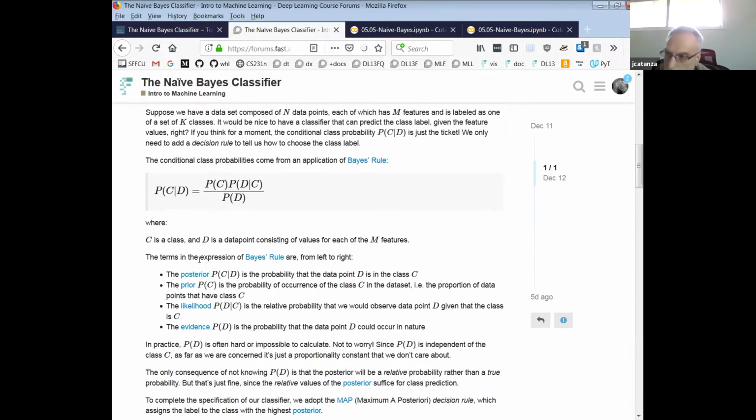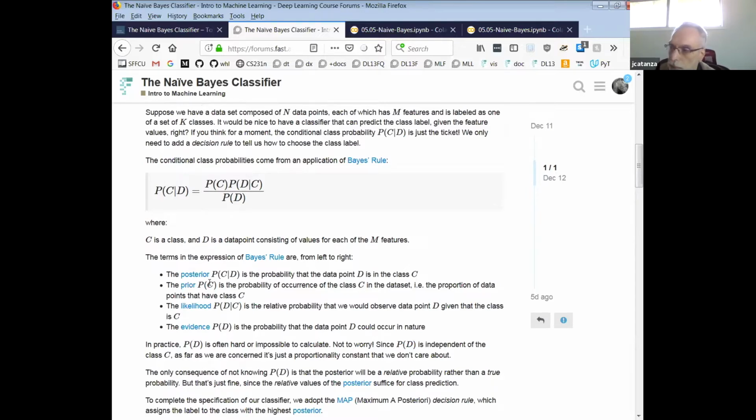Anyway, so the names for these terms are on the left-hand side. That's called the posterior, the P of C given D, and P of C, the probability of a class, is called the prior. You look at all the data points and separate them into classes in your training set, and then you figure out the probability of a data point being in any class.